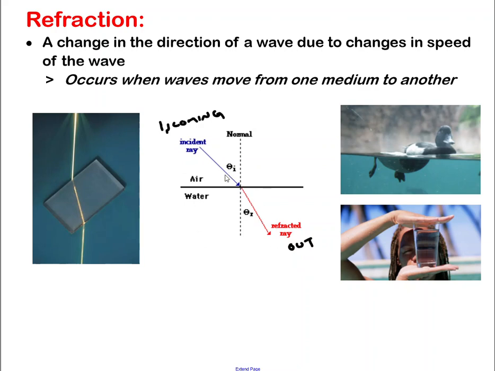And so we're going to talk about these. So this is two different materials, air and water. We would call this angle theta 1, and we would call this refracted angle theta 2, or sometimes they're referred to as the angle of incidence and the angle of refraction.